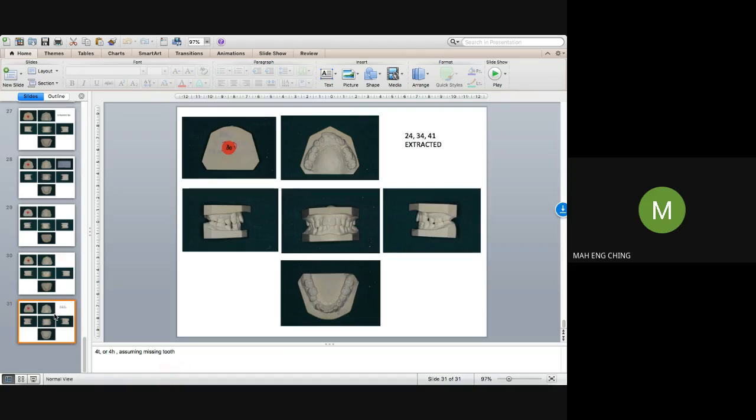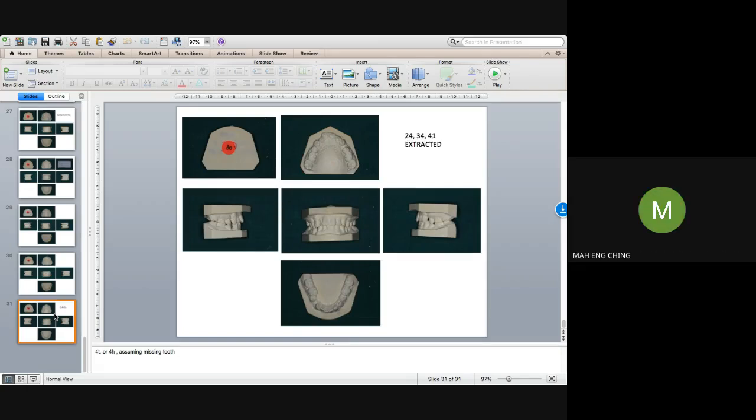But I hope after today's IOTN calibrations, everyone will be clear about this IOTN. Because during the examination diagnosis sessions, I found that a lot of people are still confused about IOTN. So hopefully everyone gets a better idea about IOTN. So I expect you can score better for IOTN after you come back.